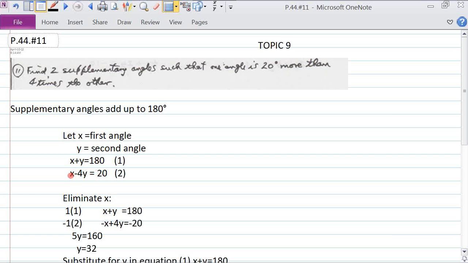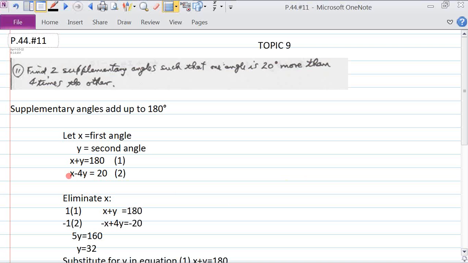So, such that one angle, X, is 20 more than 4 times the other, I'm taking the difference of the two, and X is 20 degrees larger than 4 times Y.